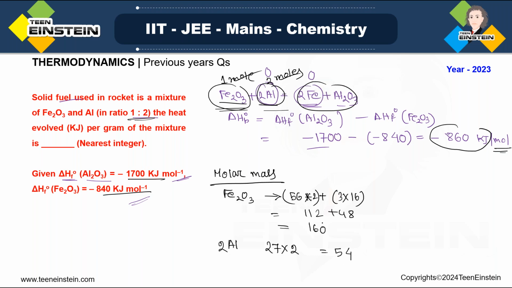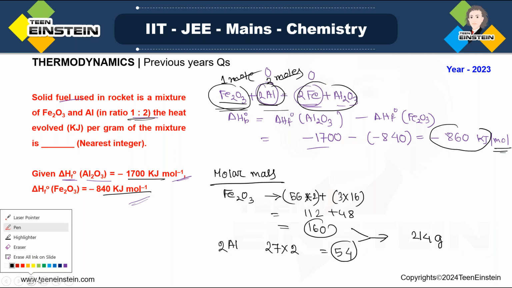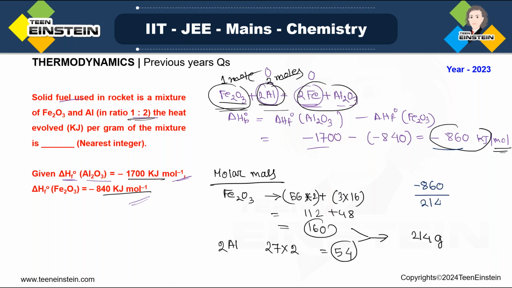Now if we add these two, you will get 214 gram. So for 214 gram, this is the heat evolved, but we need per gram. So it will be divided by 214, which gives you the energy in kilojoule per gram.